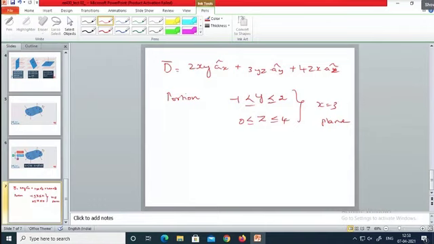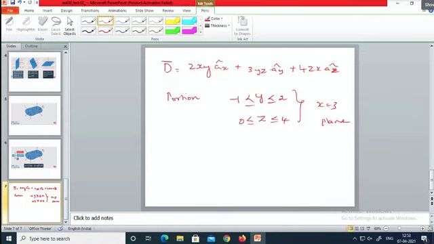So you are required to find the amount of flux passing through the portion bounded by a small surface whose y coordinate ranges from -1 to 2, and z coordinate ranges from 0 to 4, which is on the x is equal to 3 plane, that is, x constant plane.